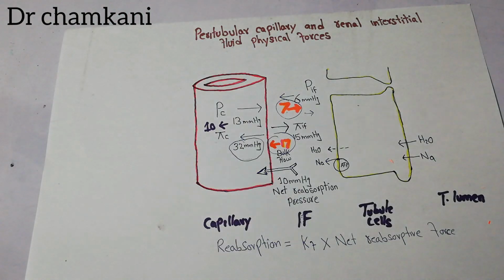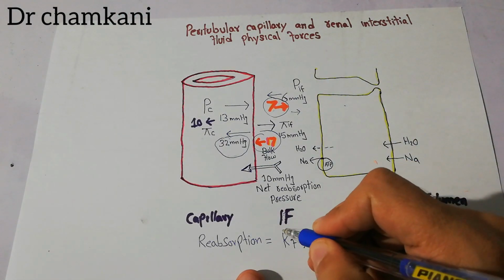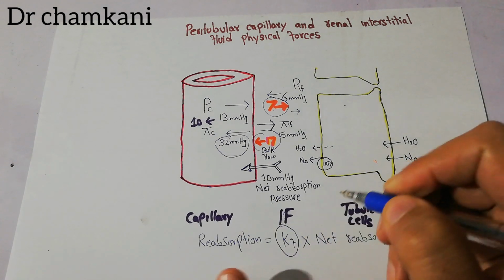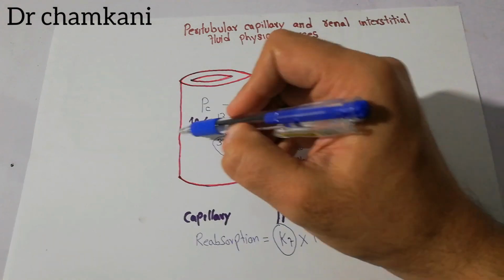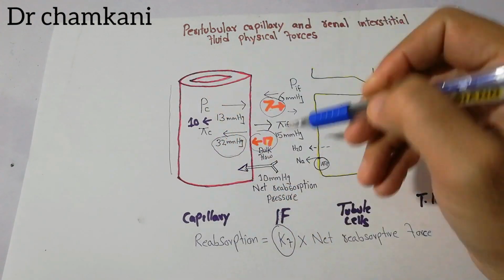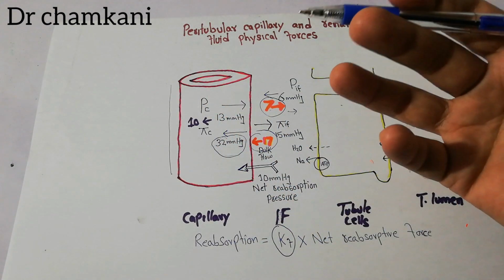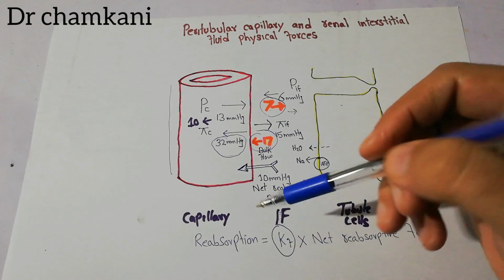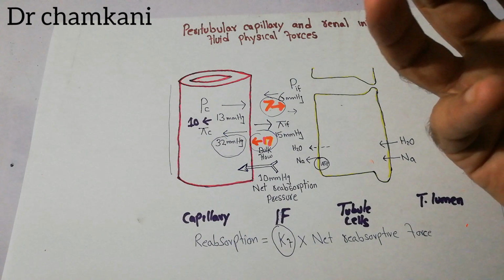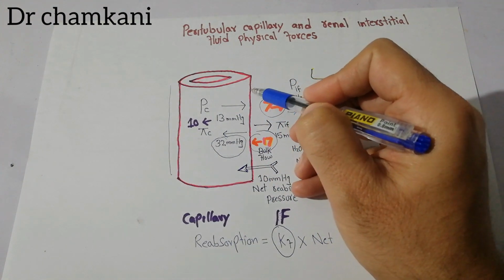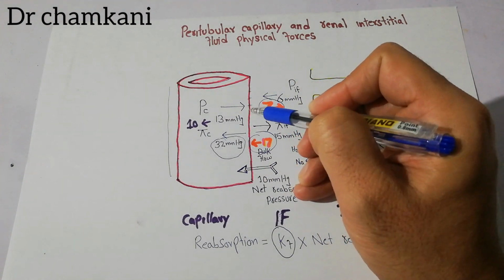Now the second factor in the reabsorption process is the filtration coefficient. Filtration coefficient is determined by two factors. One is the surface area of the peritubular capillaries. As the surface area increases, the filtration coefficient increases. Second is the conductivity. It is the ability of the membrane of the peritubular capillaries to allow the fluid and electrolytes.